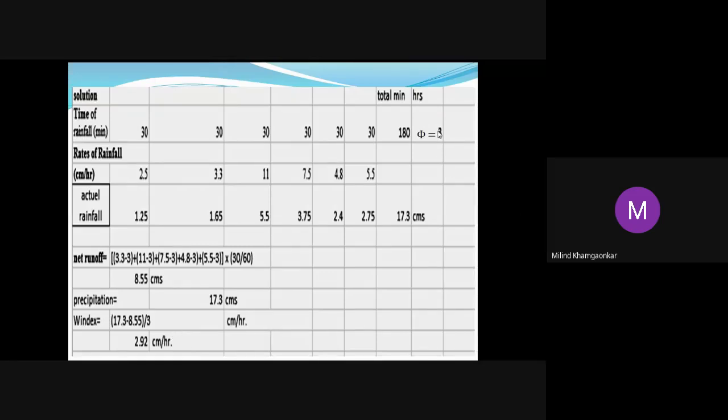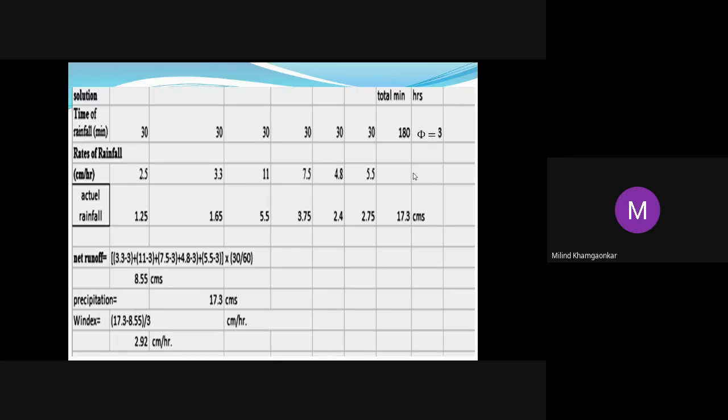On the contrary, the phi index is the value we call the average precipitation rate, above which the whole quantity is runoff, but below which the quantity is total abstractions, including the infiltration, depression storage, etc. I think you are all aware of this.